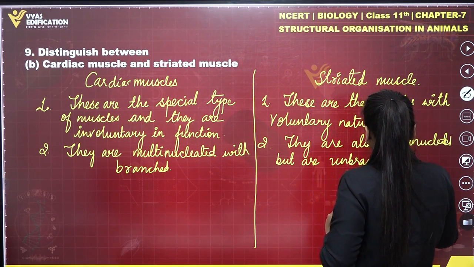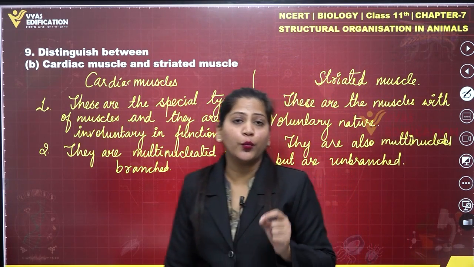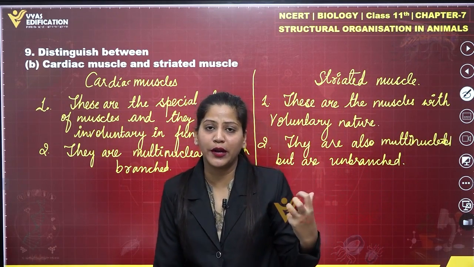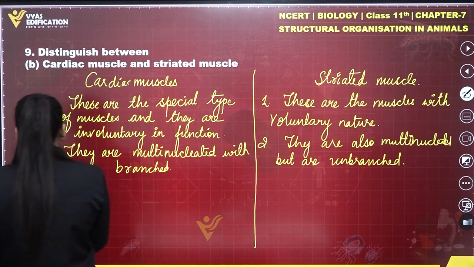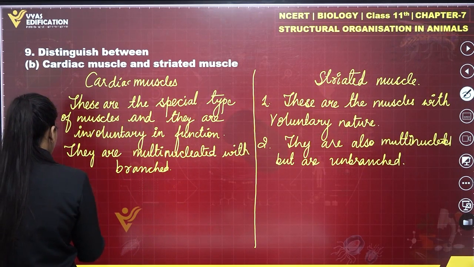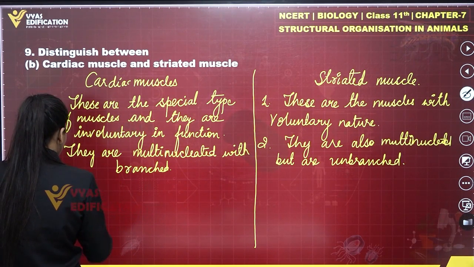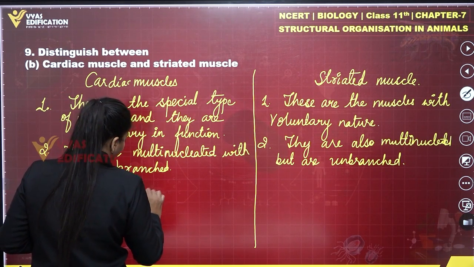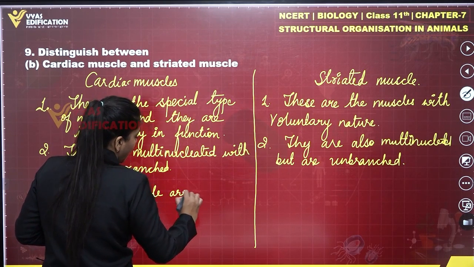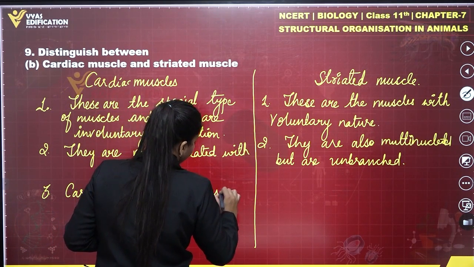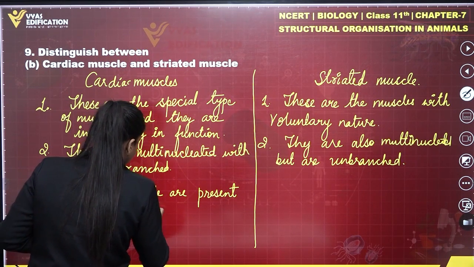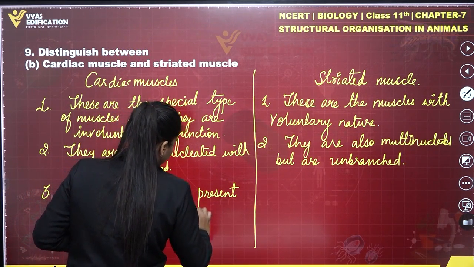And if we talk about where you find cardiac muscles and where you find striated muscles, this makes the third point. Cardiac muscles are present only in the heart.